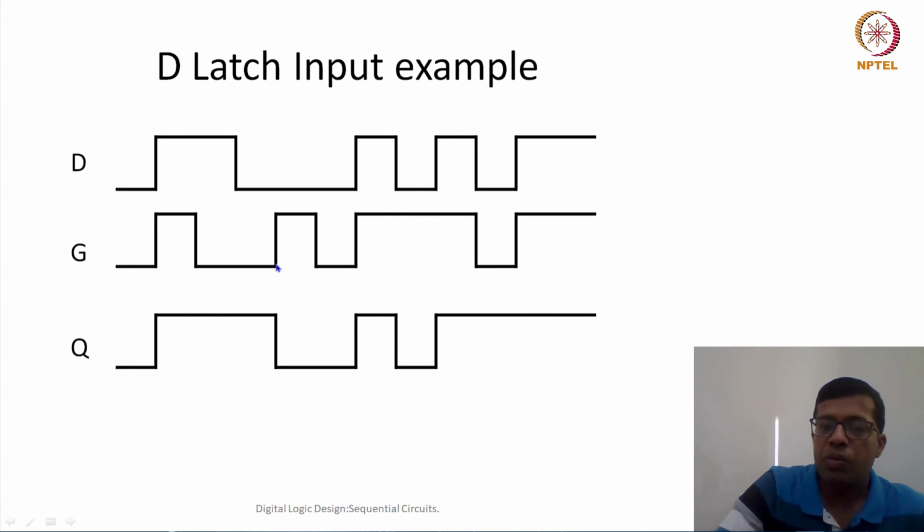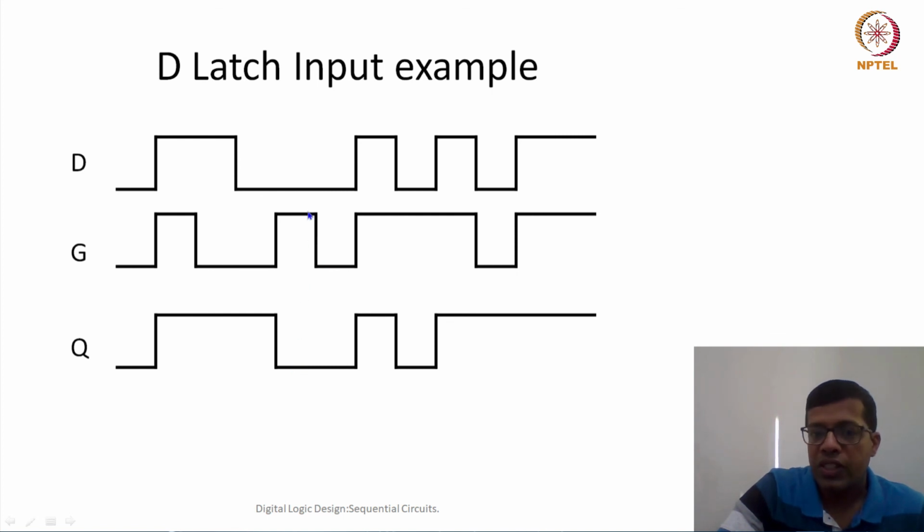Now at this moment, G has become 1, so it will try to see the value of D. D value is 0, so my output will become 0.